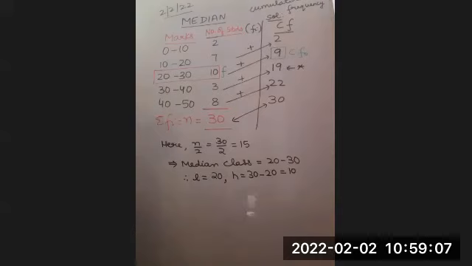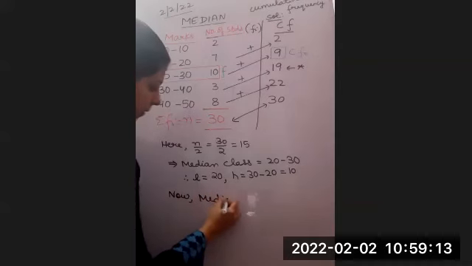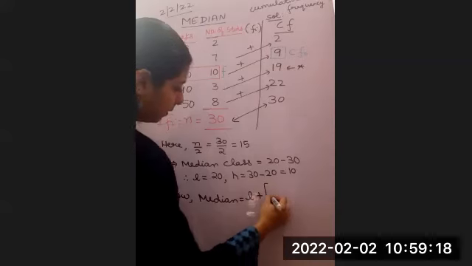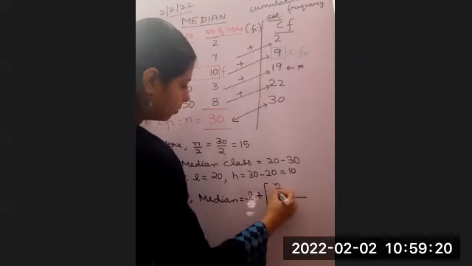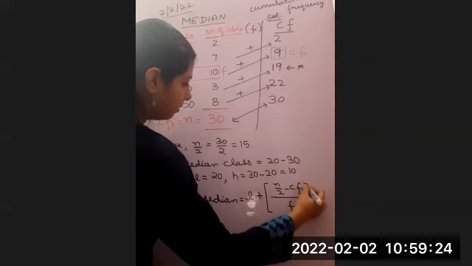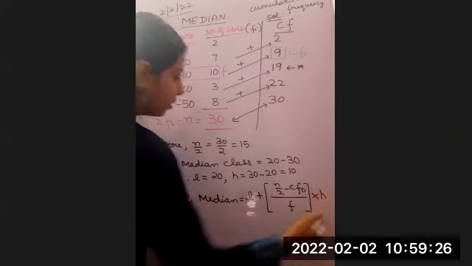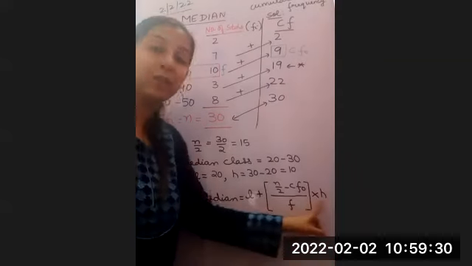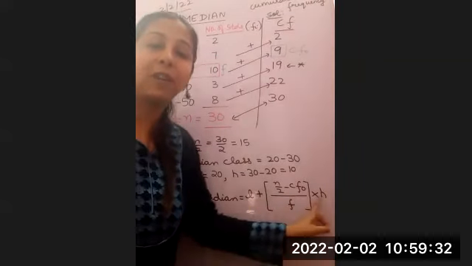So it has to be CF naught. Now median equals L plus n by 2 minus CF naught divided by f into h. Children, this again depends on L and h. Like mode, here also we have L and h.